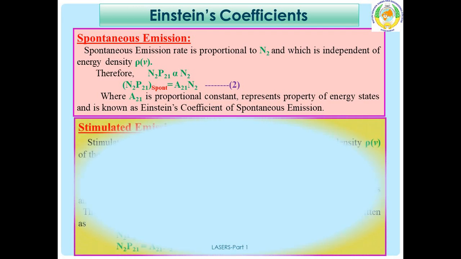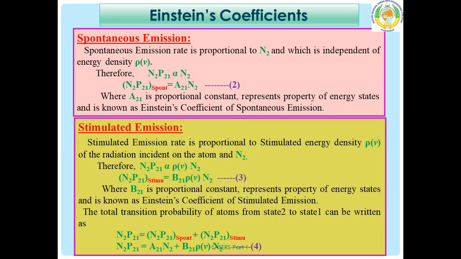Then we will go to spontaneous emission. So the atoms in the excited state come down to the ground state. The rate at which they come down depends on what? On the number of atoms that are present at energy state E2. Because they are coming down on their own, they don't require any external energy source. They depend only on N2 and therefore are independent of the energy density rho nu. So how do we write it now?